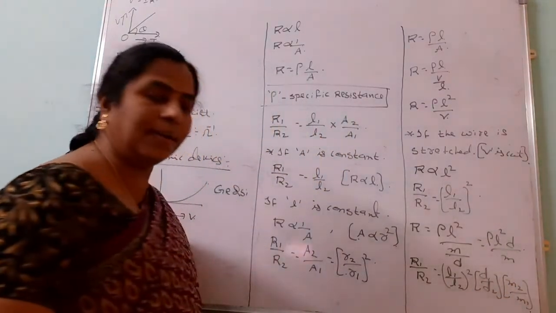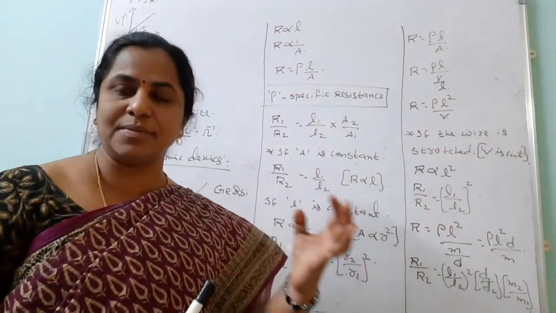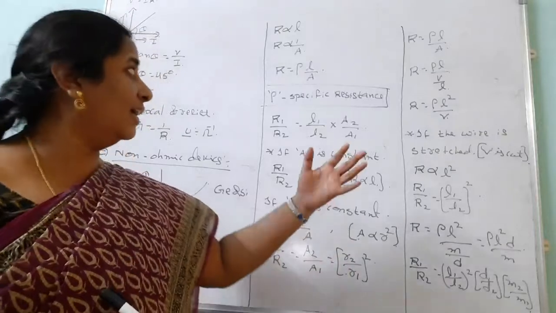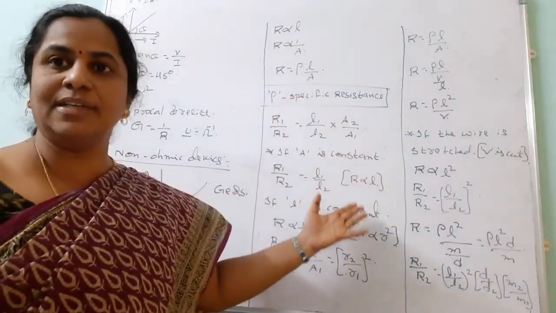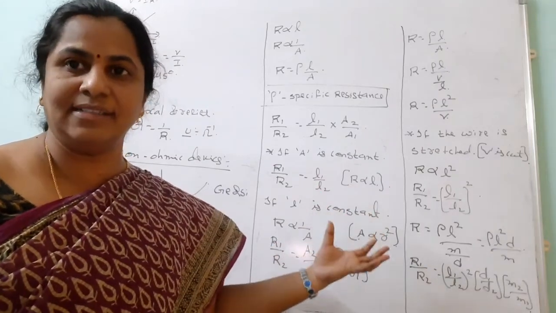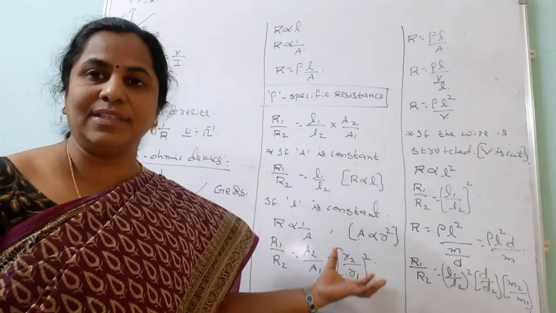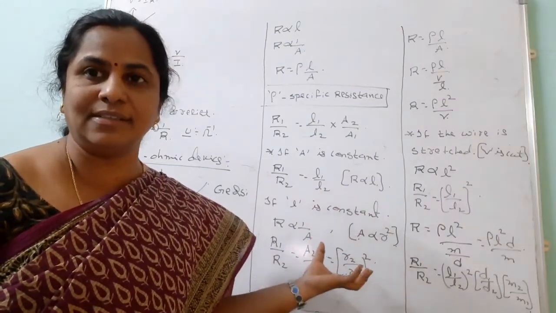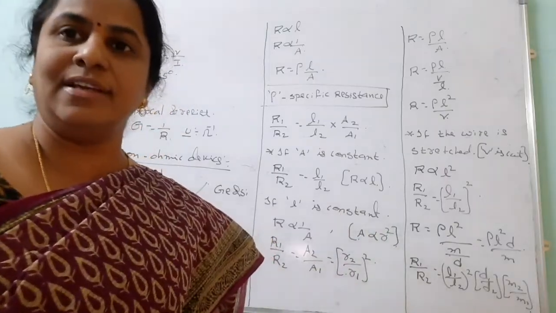So don't stick to one formula. Resistance we can measure in terms of potential and current, or in terms of length and area, in terms of length and volume, in terms of length, volume and density, and in terms of mass also. So these are what the resistance of conductors depends on, and ohmic devices and non-ohmic devices we discussed.